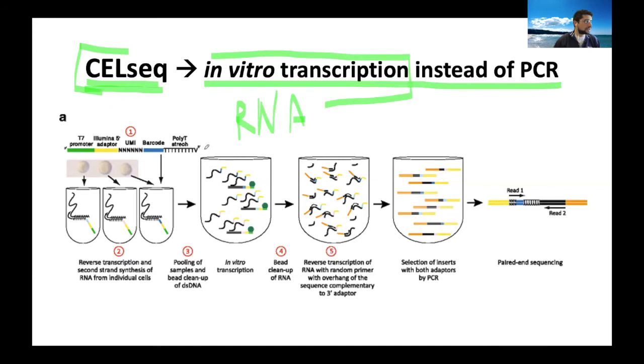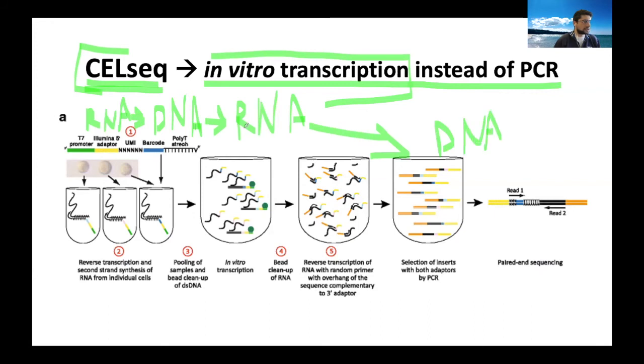So what you're doing is actually RNA, DNA, okay? And then you are doing in vitro transcription to just increase the amount. So you have RNA at this point, and then you have to go back and transform it to DNA before sequencing, okay? So it's more like a ping pong or back and forth type of strategy. But again, the advantage is maintaining the linearity of the transcription, okay?